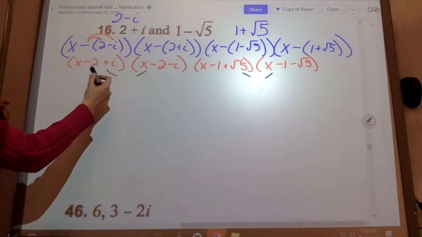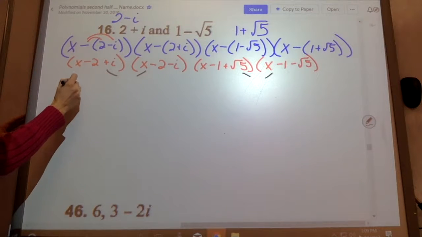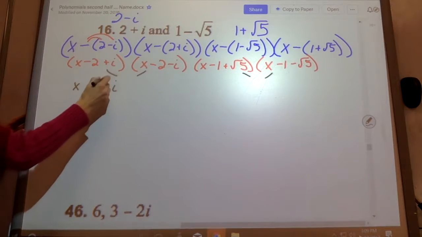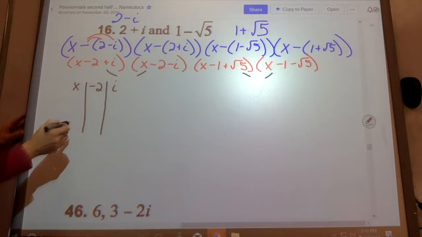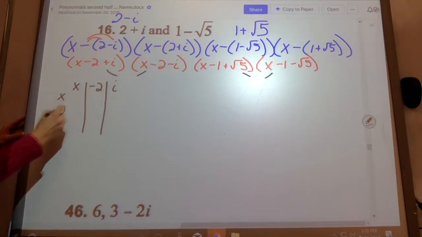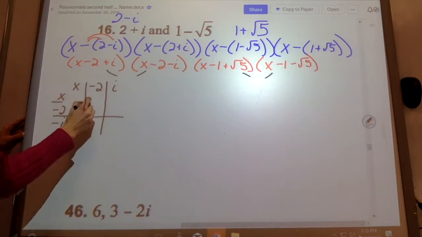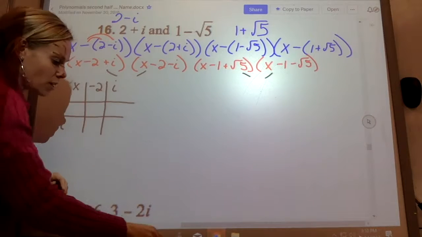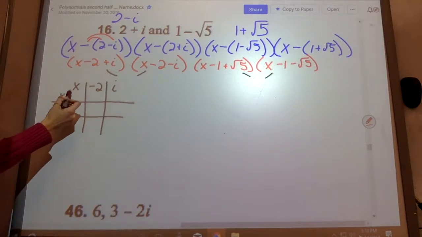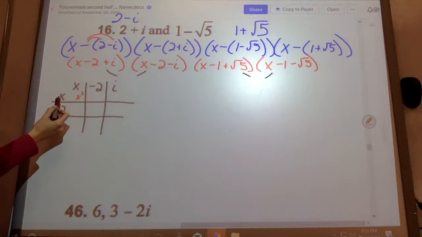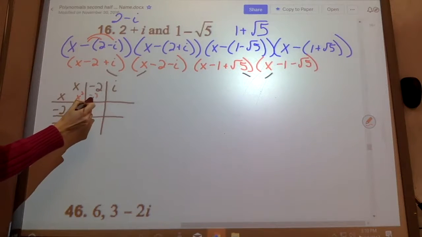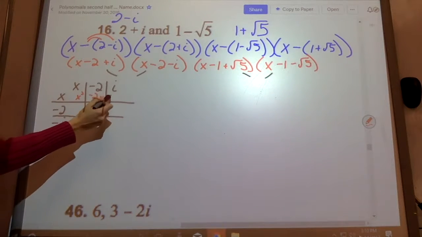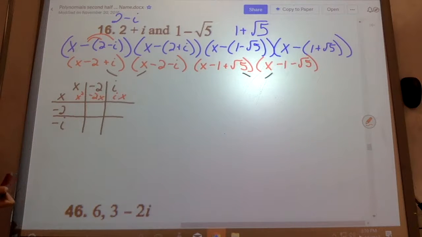I'm going to multiply these together. You let one of them be your columns, and it doesn't matter which one, right? If you do the opposite of me, that's fine. One of them be your rows. Right? And this is where you just multiply, right? x times x would be x squared. x times negative 2 is negative 2x. x times i is ix.